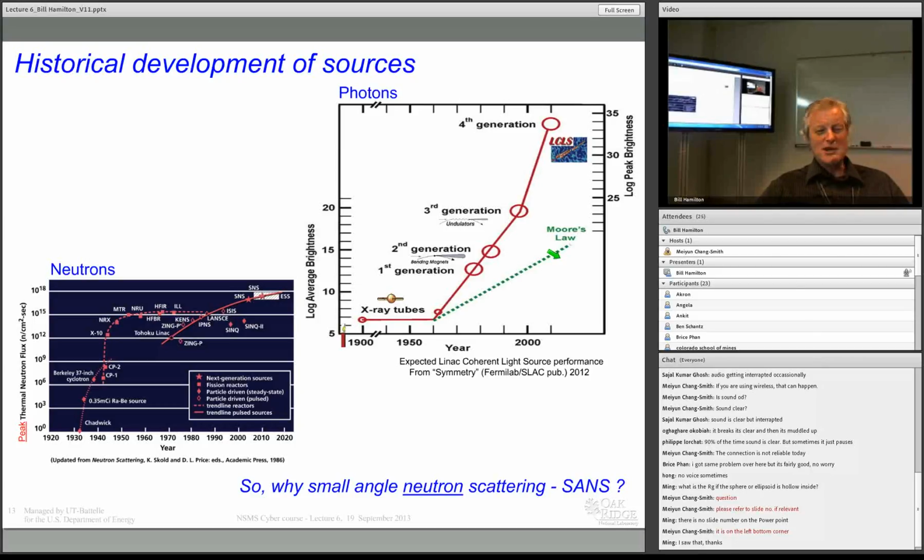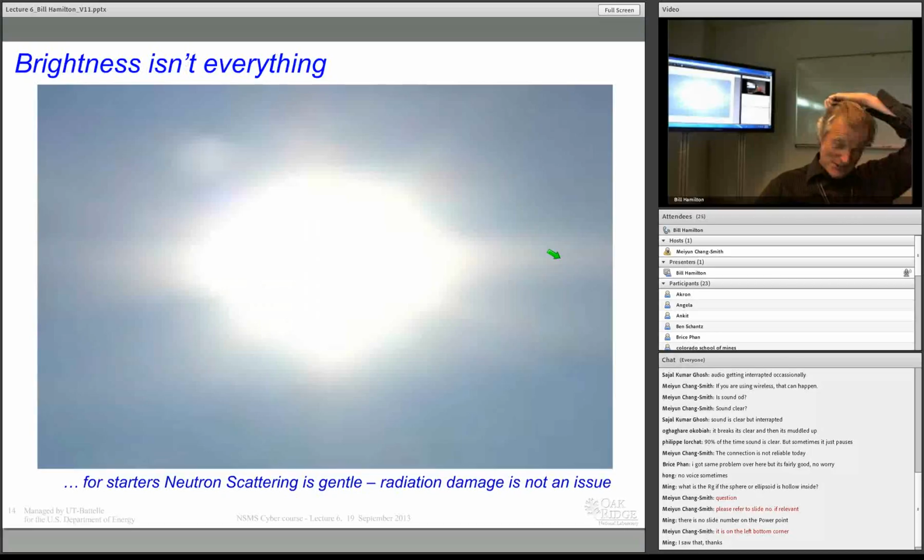So once again the question, why small angle neutron scattering? Well, one of the answers is that brightness is never blinded by the light. Neutron scattering is a fundamental probe. You never have to worry about radiation damage.